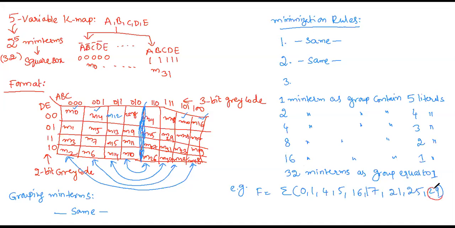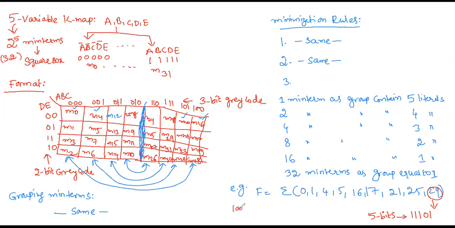Try to represent 29 in binary: 11101. So 29 is represented with 5 bits. Each bit indicates one variable. So we have to use a 5 variable K-map.